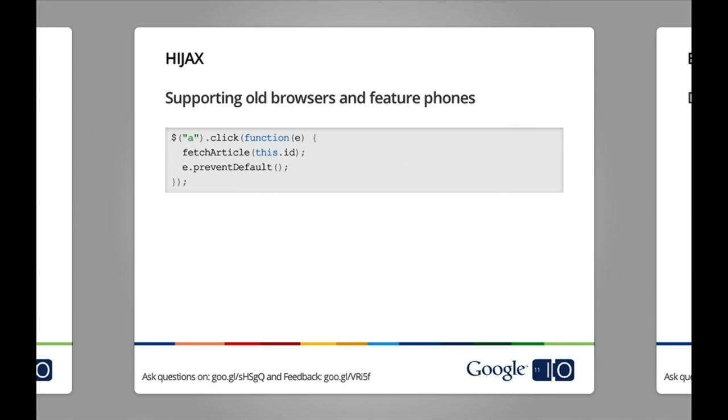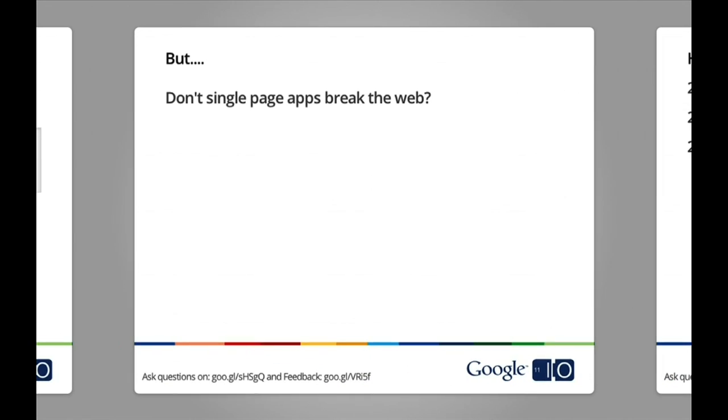If you've ever used jQuery, you basically just hijack the browser click, do some of your custom business logic, in this case a fetch article, and then just prevent the default action from occurring. We've been doing these things for quite a while. It's just one of those nice little things that we did inside our application that makes this whole experience cohesive and inside that one page.